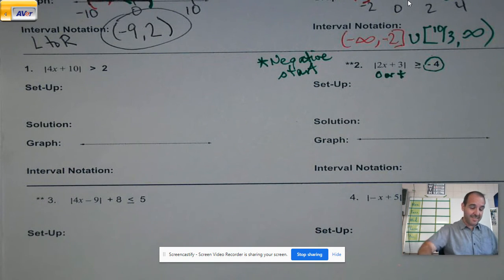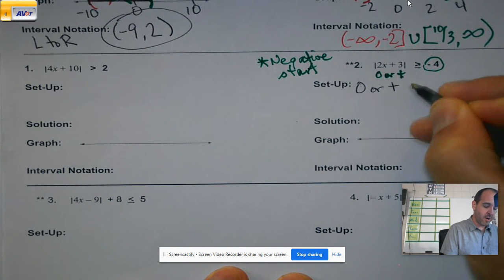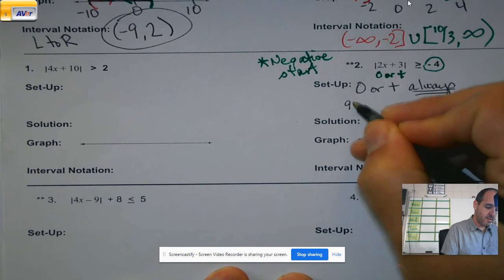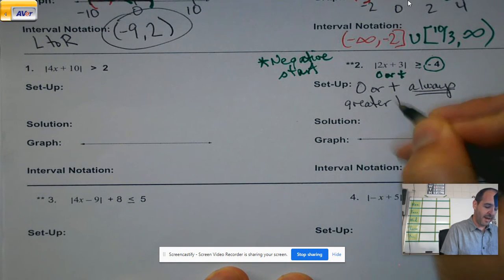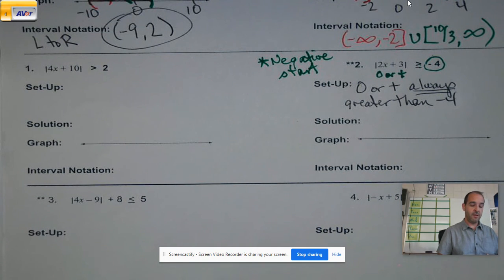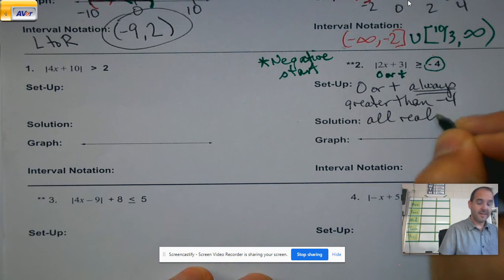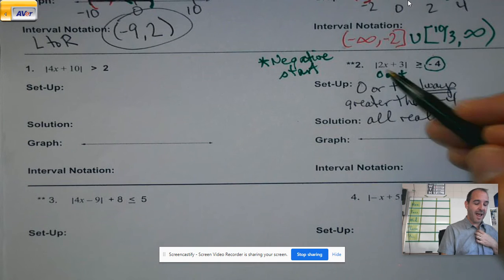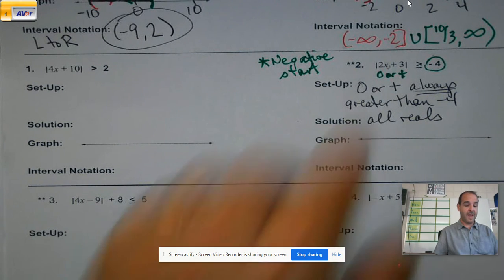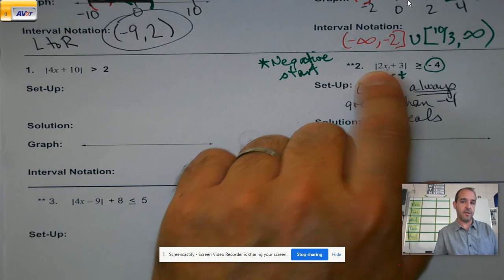So since 0 or a positive number is always greater than -4 or any negative number, my solution is everything. There's not a number that I can plug in for x that isn't going to make this true. I could plug in a negative, it's going to be greater. I can plug in 0, it's going to be greater. I can plug in a positive, it's going to be greater.